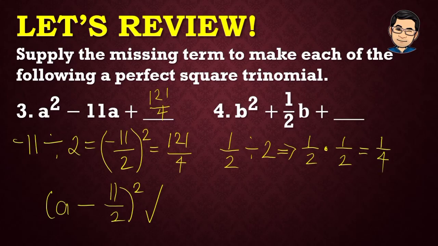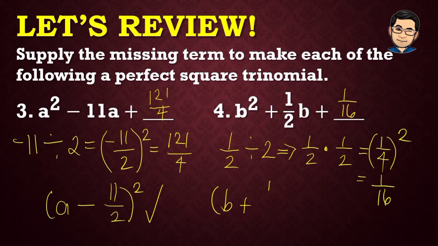Now we square 1/4, that is 1 over 16. So that is our missing term. And what about the factored form? That will become b plus the square root of 1, which is 1. The square root of 16 is 4. So it is the quantity b plus 1/4, squared.